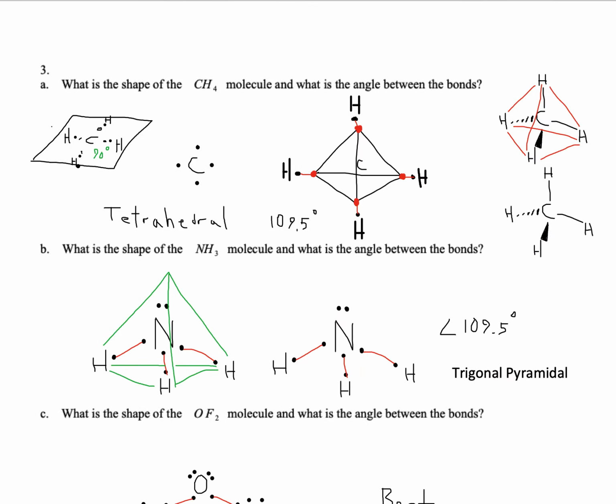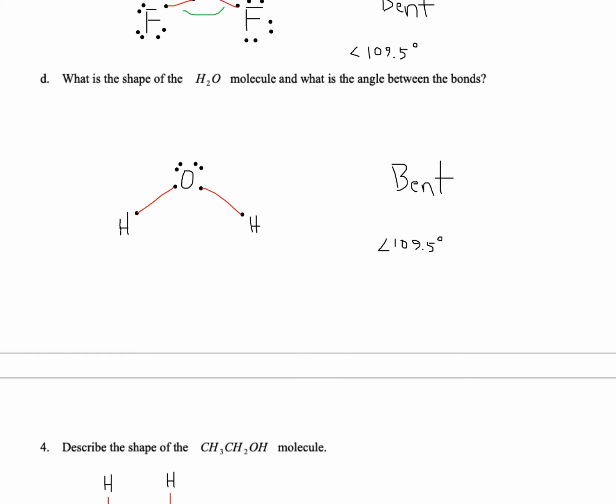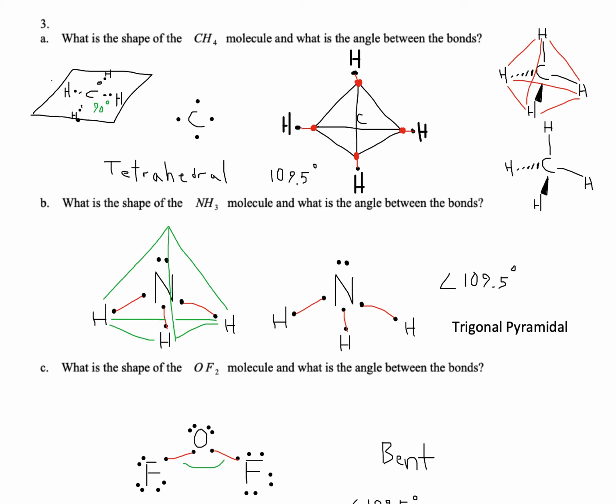Let's take a look at one of these tetrahedral molecules. This one is 1 carbon and 4 hydrogens. Now, carbon had an electronegativity of 2.5, hydrogen 2.1. That's a difference of 0.4.